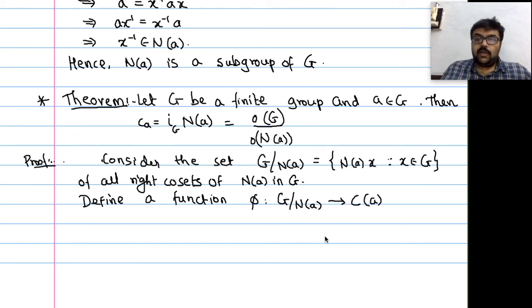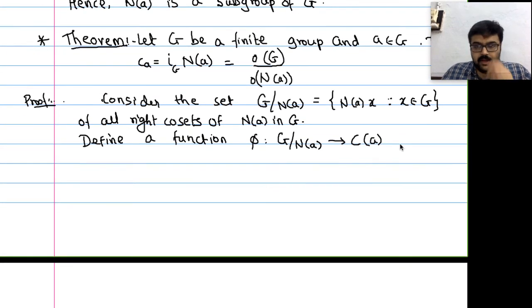Right, G quotient N(A) to C of A. So for every right coset, you define a conjugate. And if you show that this function is well defined, one-one and onto, then we are done. That means for every right coset there is a conjugate, for every conjugate there is a right coset. They are the same number. So what is the number of distinct right cosets? Order G upon order of N(A) when G is a finite group.